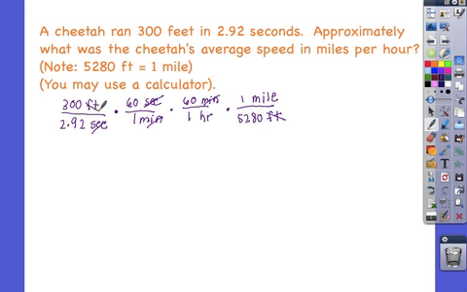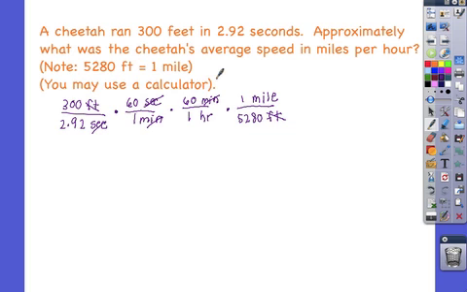And so the feet cancel out. Now notice how all the units have canceled except for miles in the numerator, and all the units have canceled except for hours in our denominator. So we do have miles per hour.